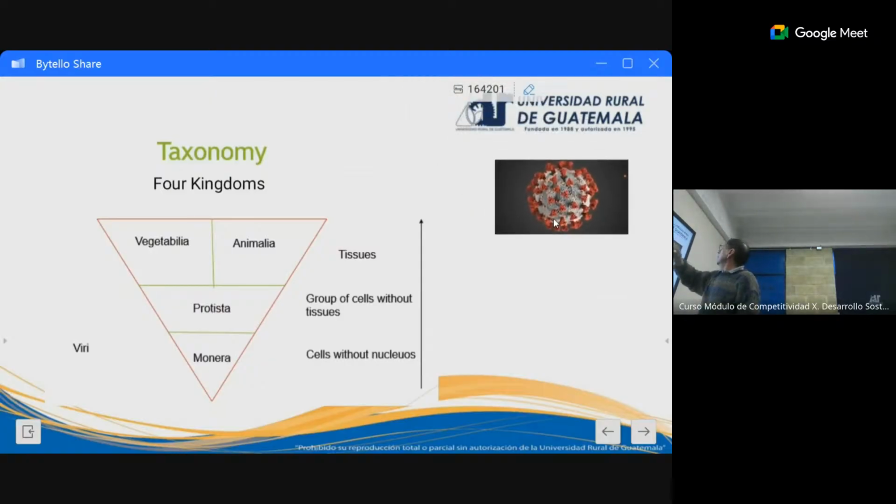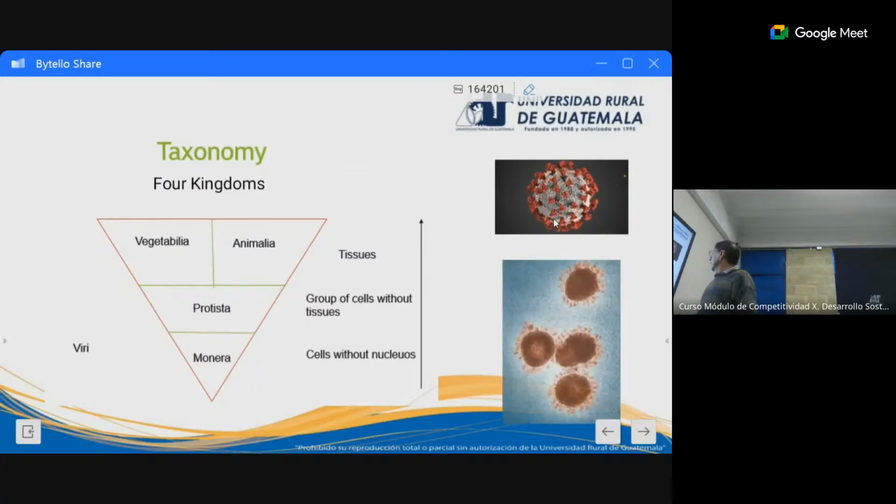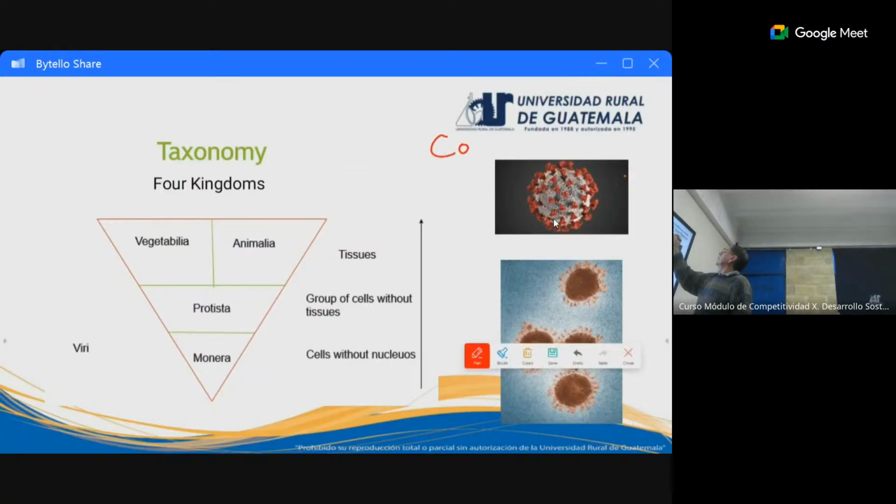Let's check another image here. If you remember, these are images of the COVID-19 virus.